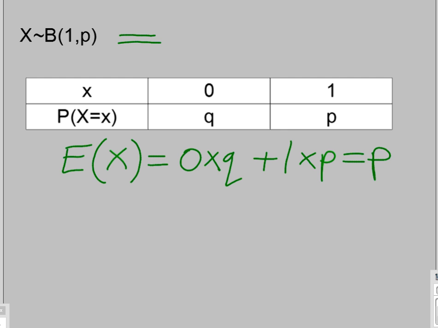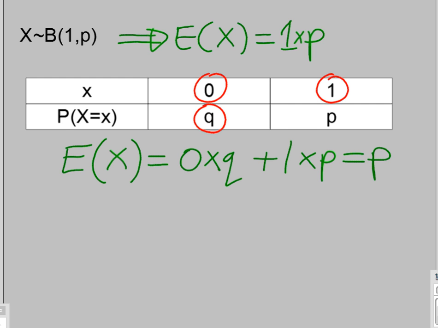So the expected value is p. In fact, it's 1 times p. Same thing. Okay, so it's just that times that plus that times that.